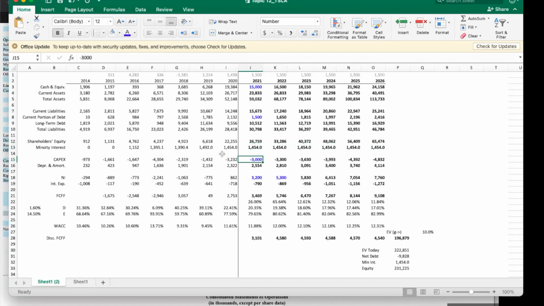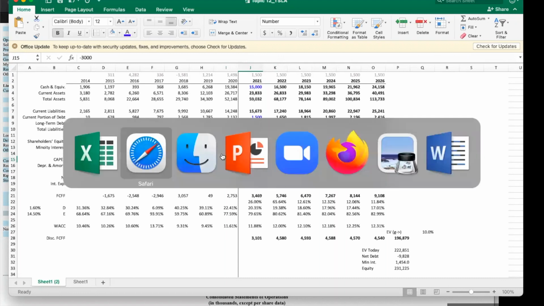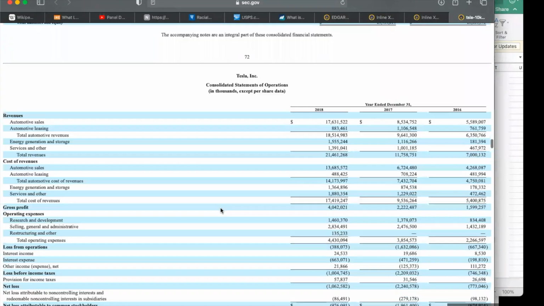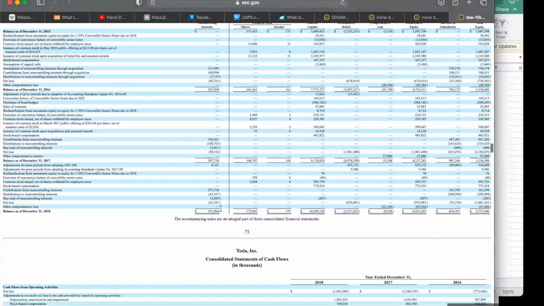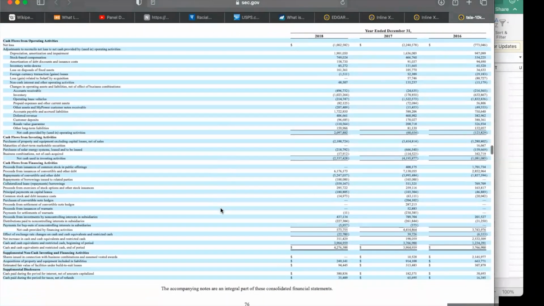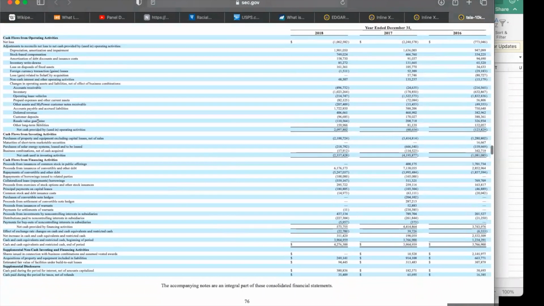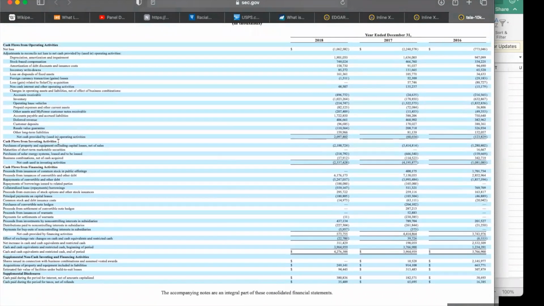Capital expenditures. They spend a lot of money on purchasing machinery that actually produces their automobiles, their electric vehicles. They also have a peculiar CapEx component. Let me go look it up, because I'd never come across this before. And I'm sorry that the font is so small, but they do this. Sometimes I wonder if they do this on purpose.